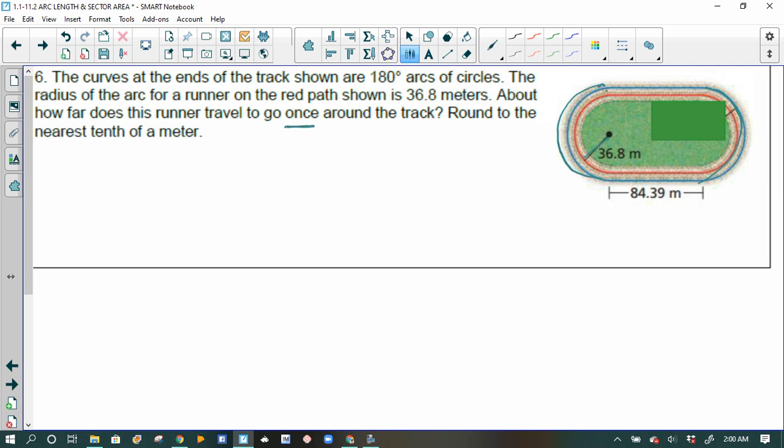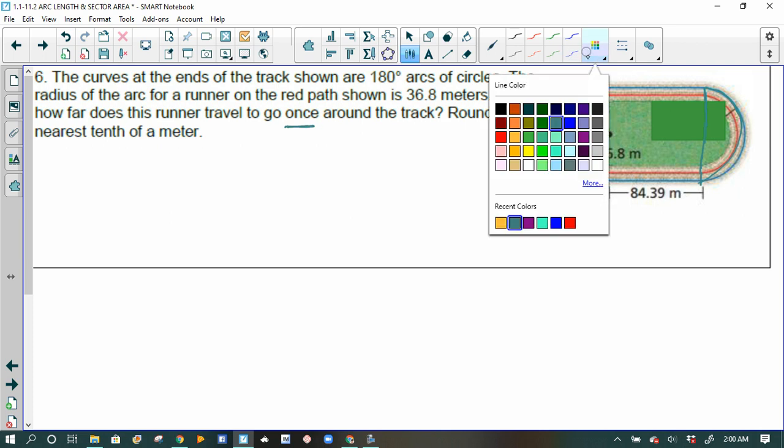So if you think about drawing the diameter of that semicircle, basically you have a semicircle and a semicircle. So we have a full circle, and then we have a rectangle. Okay, so what we're going to do is let's find the measure of the arc on the red path.